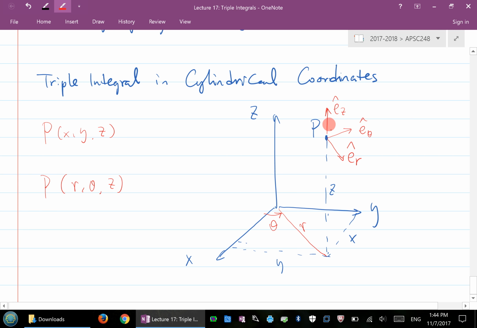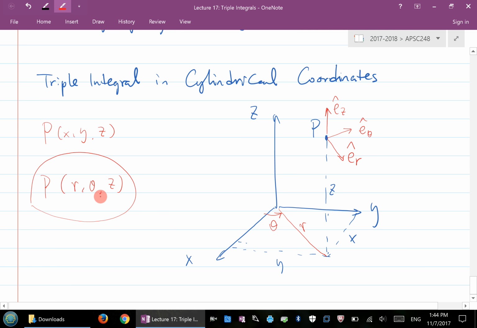These three, with the right hand rule, give you another coordinate system, which is this cylindrical coordinate system. So the point here is, instead of using x, y, z for evaluating the triple integral, we'll use r, theta, z to evaluate this triple integral.